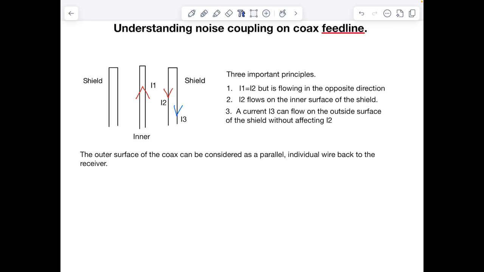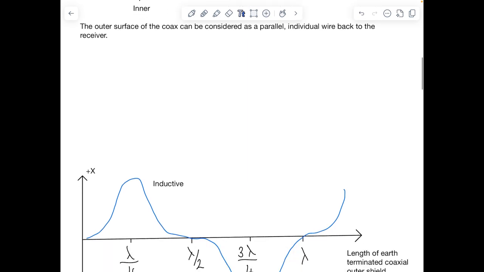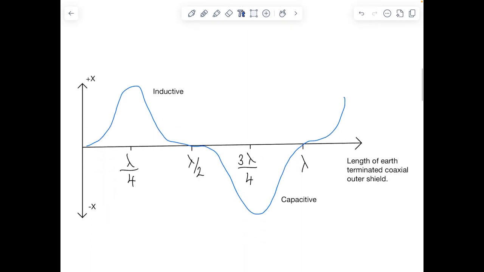So having accepted that, let's go on to describe a little more detail about I3. I3 is a current that can be impressed upon the external surface of the coax by a nearby noise source.